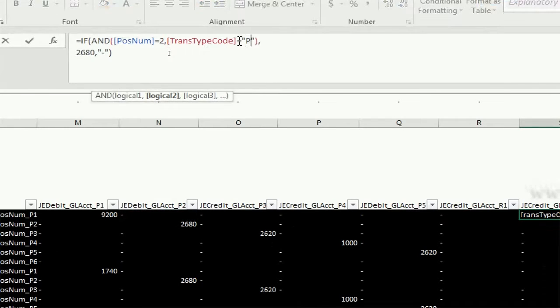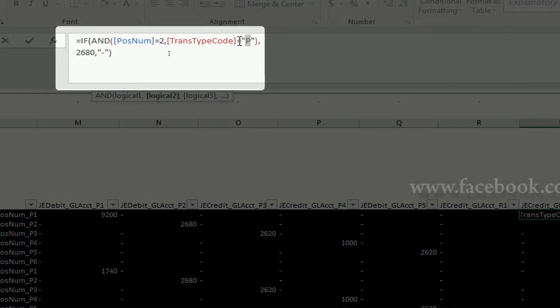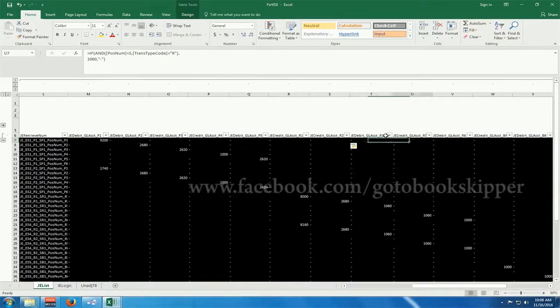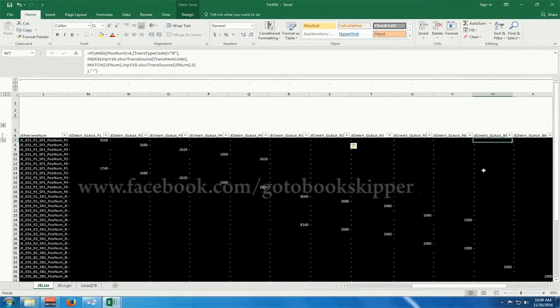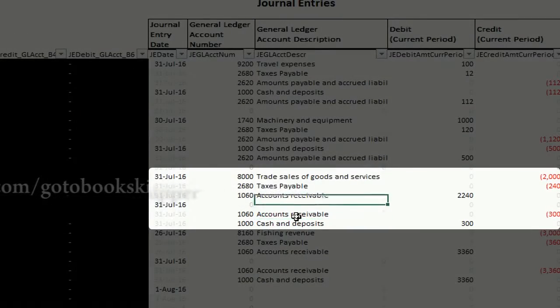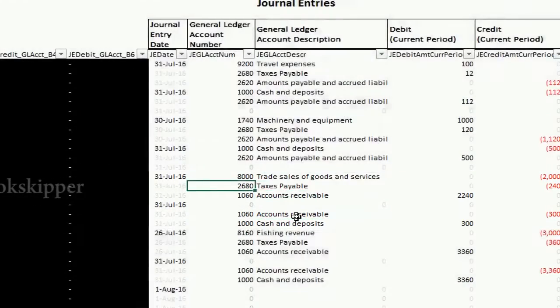So we simply replace the P with a capital R. Enter. Let's go back to transaction 3 to see if we are right. This is the one. Okay, so it's tax payable.